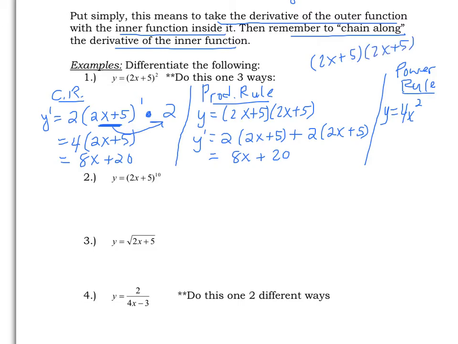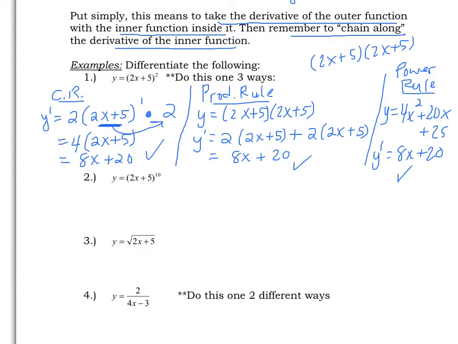If I multiply that out, I would have a total of 20 x's on the inside and the outside when I combined them, plus 25. And then from there, if I went straight to my derivative, 8x plus 20. So notice how we're getting it 3 different ways. Okay, well, our focus of this video, though, is the chain rule.